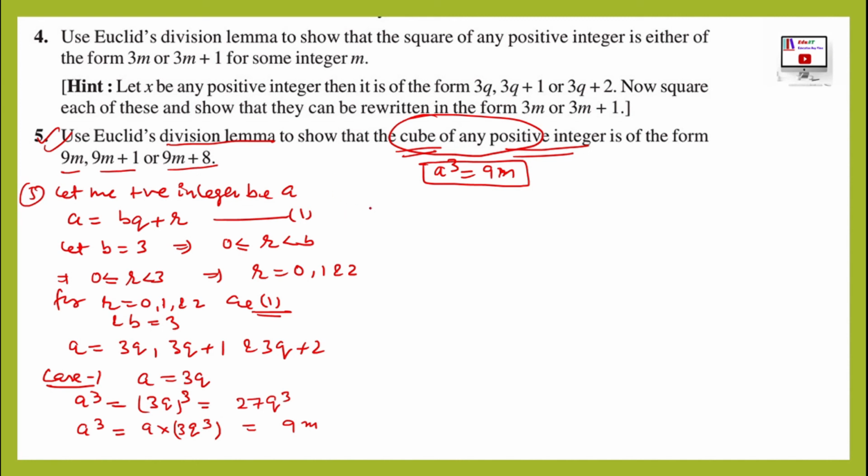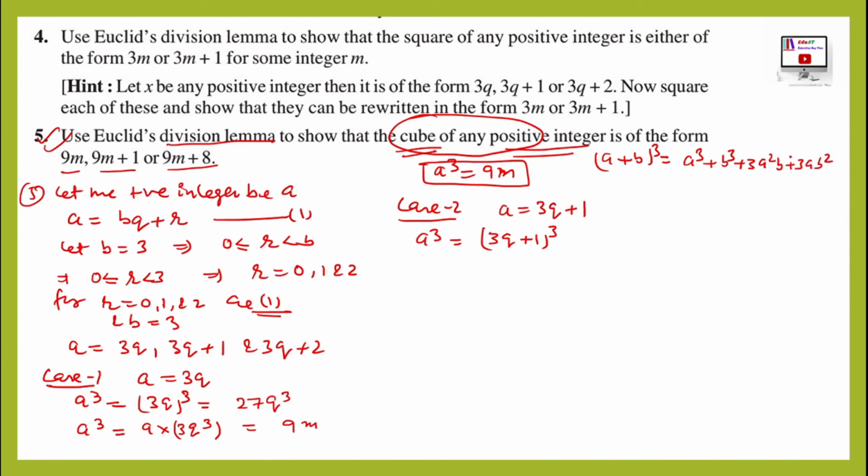Now the second case, in case 2 we take a is equal to 3q plus 1. So a cube will be equal to (3q plus 1) whole cube, and we know the algebraic identity (a plus b) cube is equal to a cube plus b cube plus 3a square b plus 3ab square.